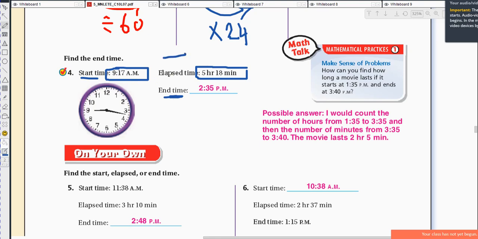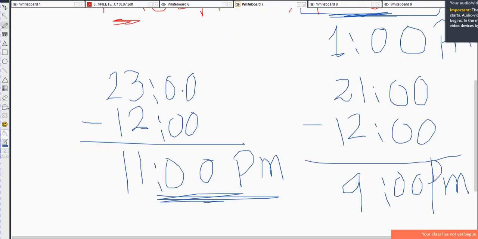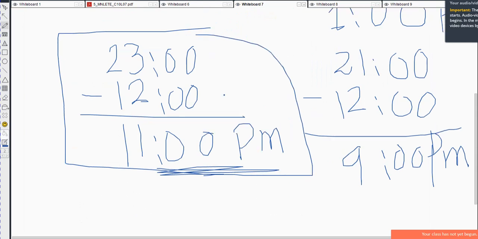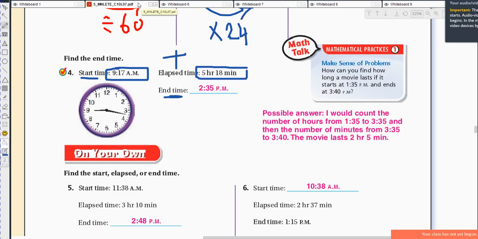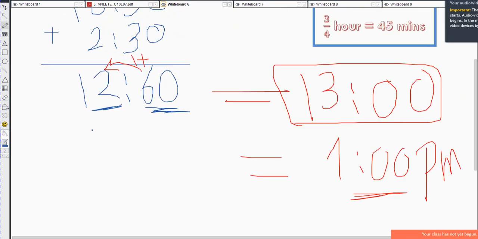So you have to add them together. So put it under each other like that and add it. Don't subtract, of course. So it will be here 9:17. Okay, let's cancel this.